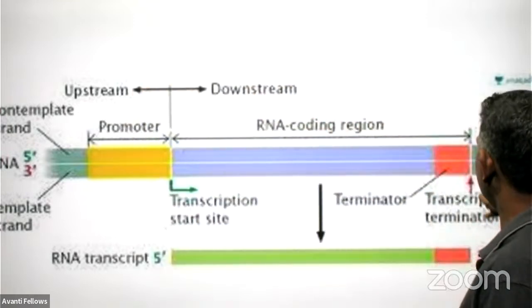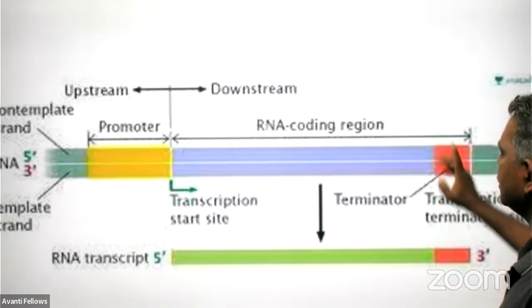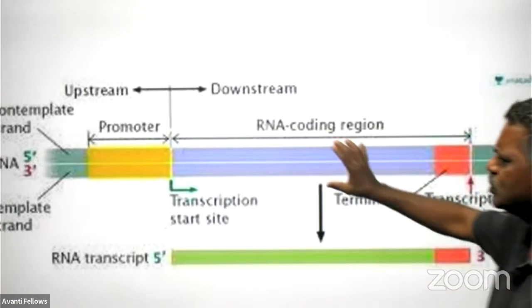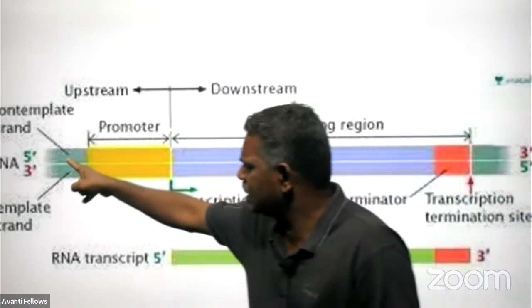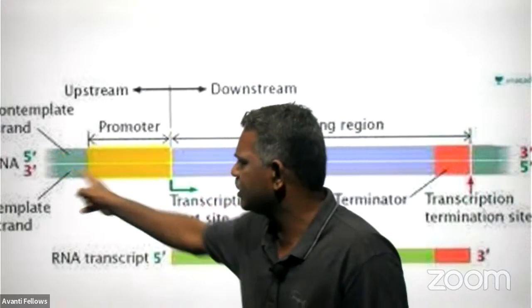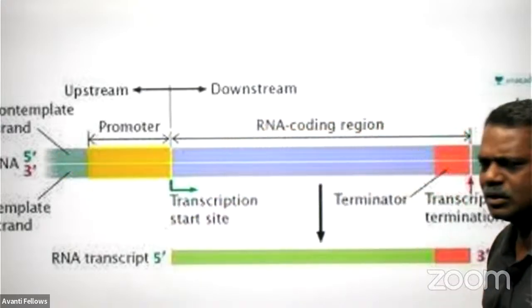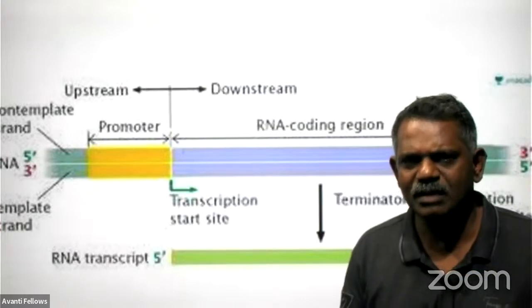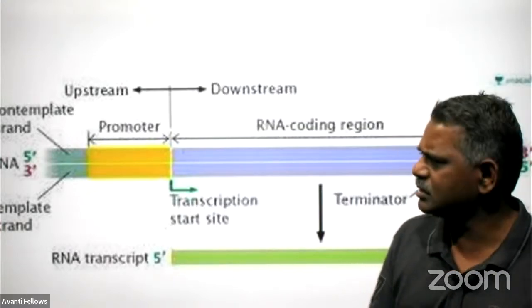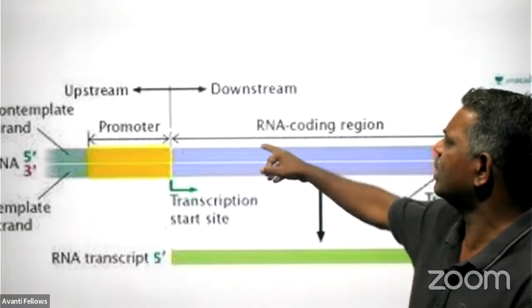And this is the downstream, where the terminator is located. There are two strands of DNA. This one is 5' 3' and the other one is 3' 5'. You tell me which strand is acting as the template strand here, the master strand. Is it 3' 5' or 5' 3'?